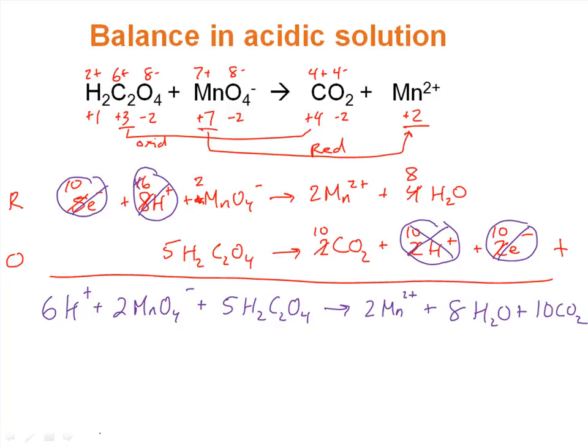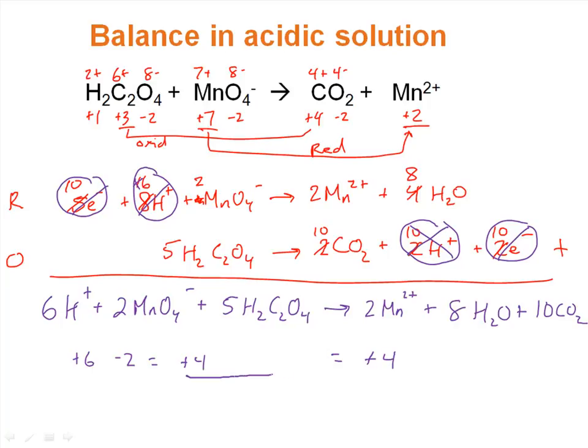So I'm just going to check the charge really quick, make sure it works. That's a positive 6 here, and a negative 2, and no charge. So positive 6 and negative 2 is positive 4. And on the right side, I got 2 times 2 plus is positive 4, and 0 and 0.